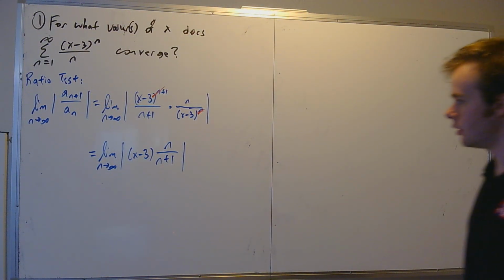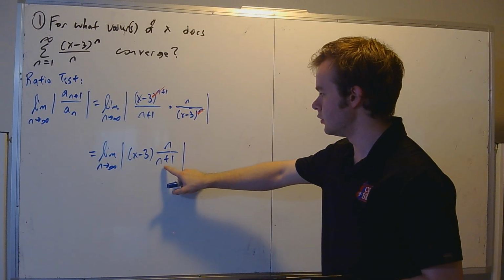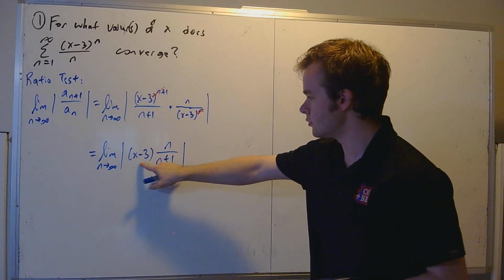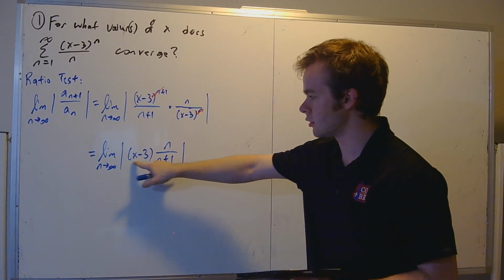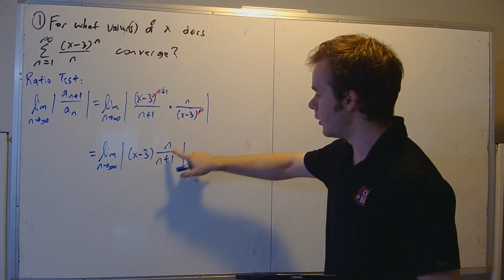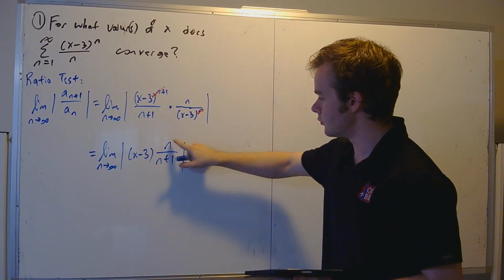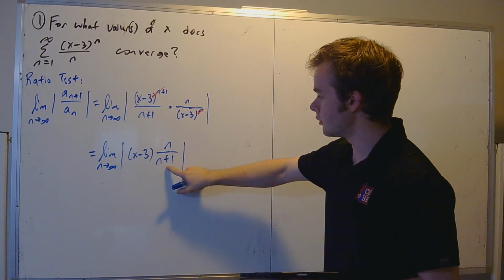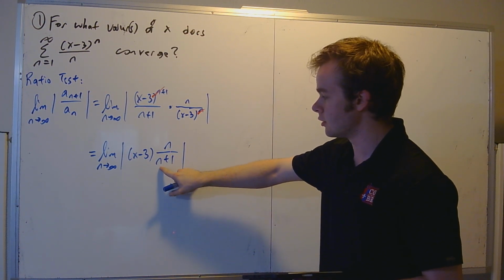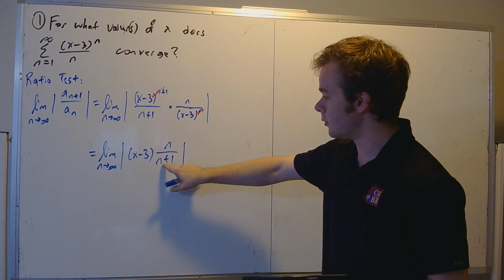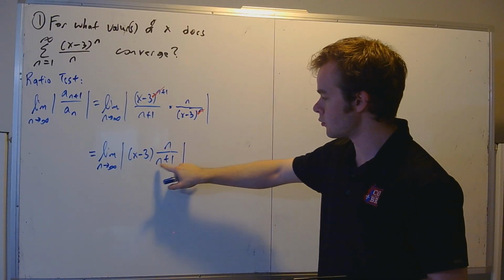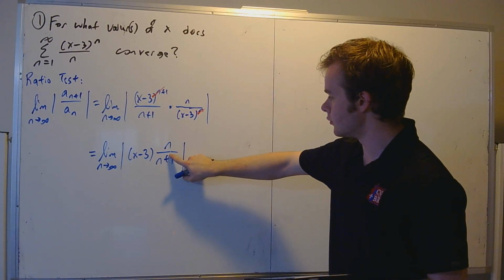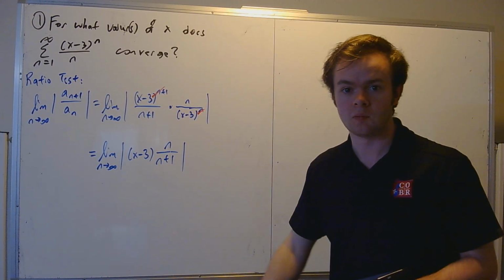And now, the x minus 3 doesn't depend on n, so you can treat it like a constant. But we're trying to take the limit of this fraction, and whenever we do that, we divide both sides by the highest power of n in the denominator. If we do that, we get 1 over 1 plus 1 over n. This 1 over n is going to go away, so we're just going to get 1.